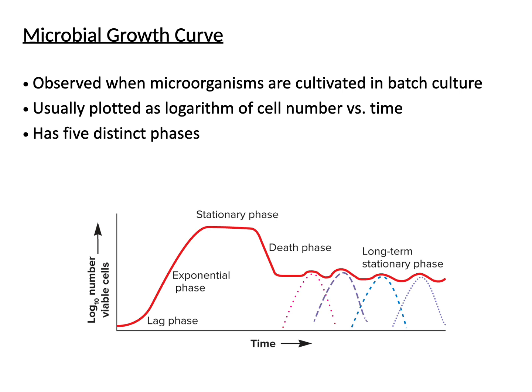And what we see is 5 distinct phases. And what we traditionally do is graph this. You'll notice that the x-axis is time, and then the y-axis is cell number, but log. So instead of an absolute number, it's the log number of viable cells.